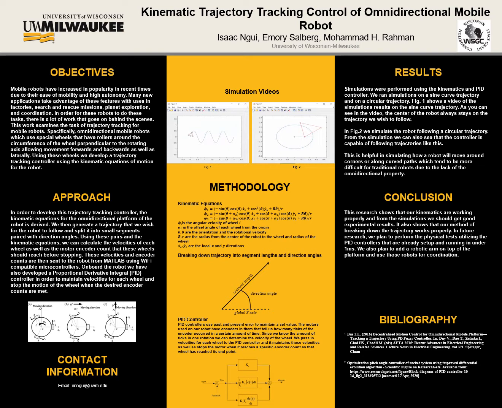So once the robot gets those values, we pass them into what's called a proportional integral derivative controller, which basically we give it a set value that we want.